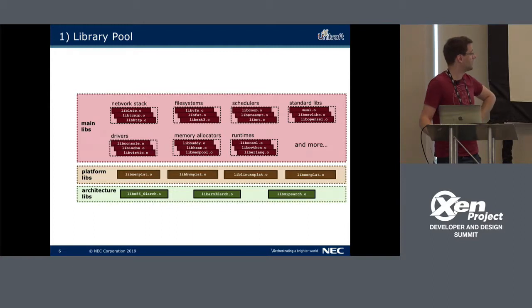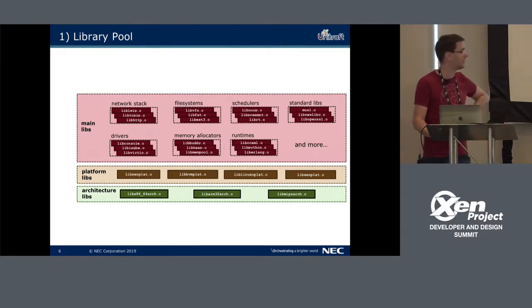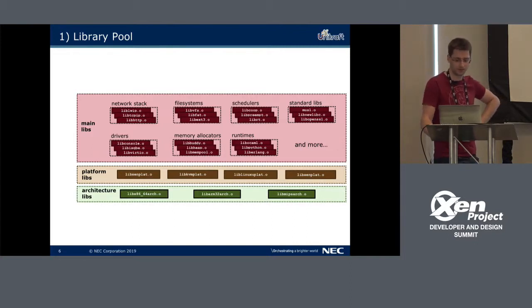Then we have platform libraries, which implement specific calls to the particular hypervisor environment. For instance, the Xen one has Xen hypercalls and Xen drivers. The KVM one speaks virtio and KVM specifics and so forth. And then we have architecture libraries, needed for implementing CPU-specific requirements.